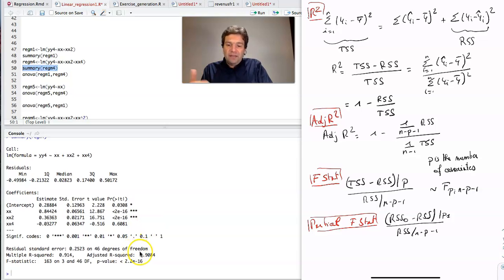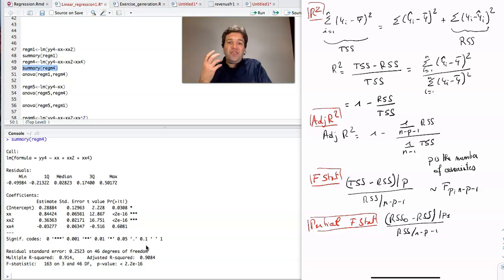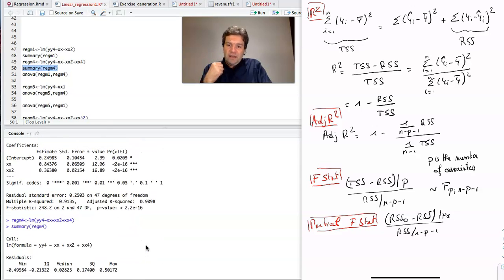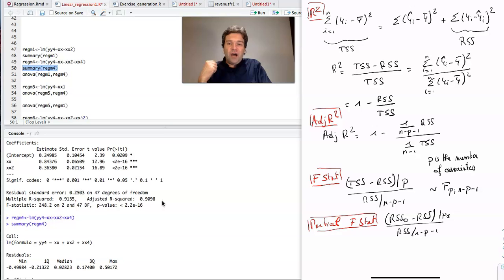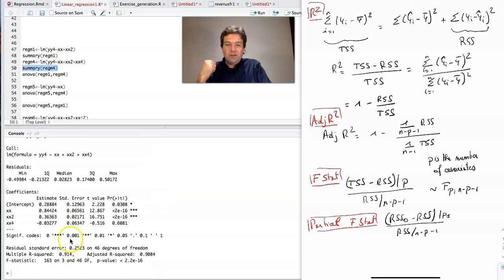And if we add this additional, useless, I would say, covariate, the height of the individual, you have an adjusted R square of 90.84%. This adjusted R square with the additional covariate is lower than the adjusted R square without this covariate, which is without any interest.